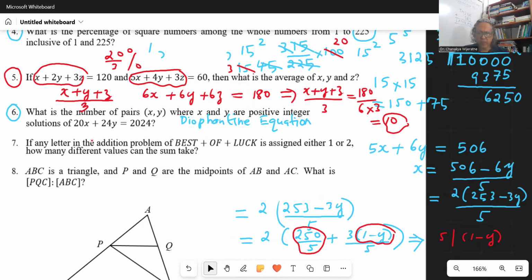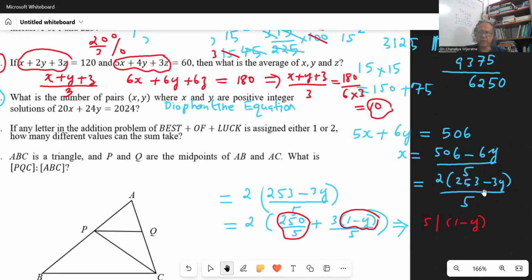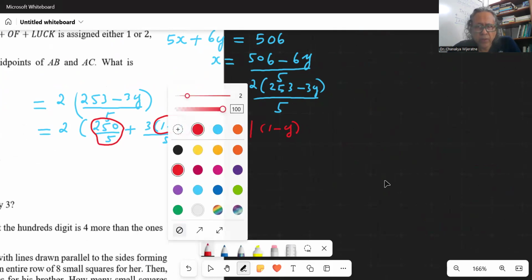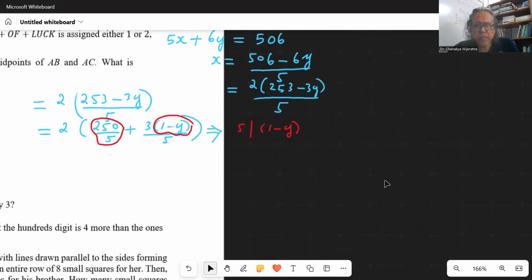Let's get some room here to solve this. Maybe I should go back to my cool color because it's clearly visible, more than red. So this means that 1 minus y is equal to 5 times n, where n is an integer. So y is equal to 1 minus 5n.